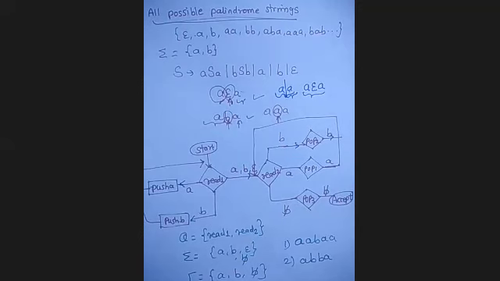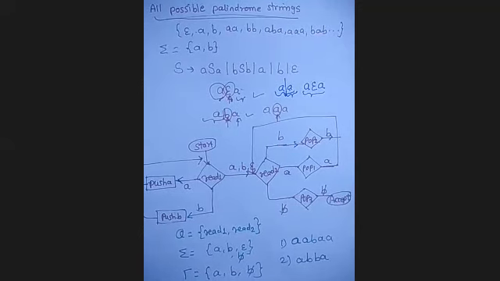Like in NFA and DFA, what we have seen, we can always convert NFA to DFA, and both NFA and DFA have the same power. That is, both non-deterministic finite automata and deterministic finite automata accept the same set of languages. Now, here my question is, this is an NPDA, non-deterministic push-down automata. Can you find an equivalent deterministic push-down automata?